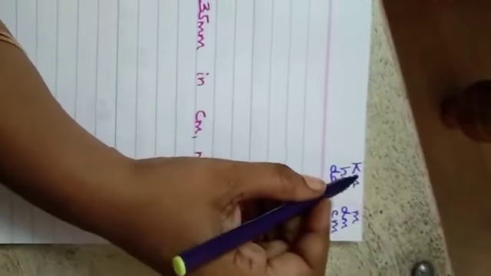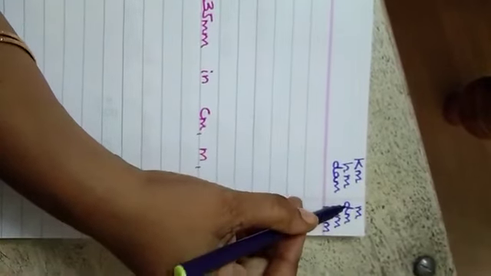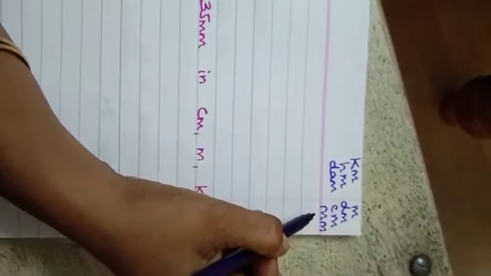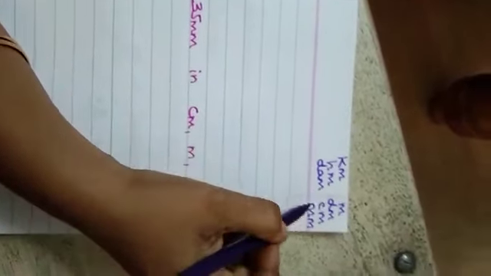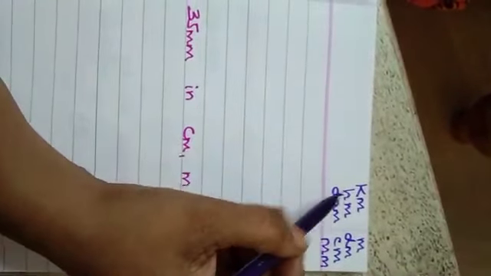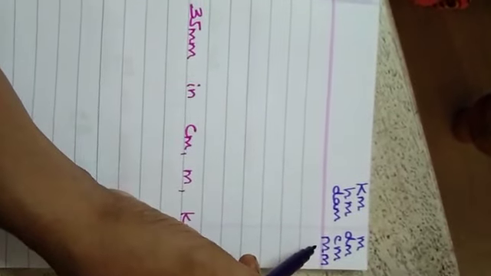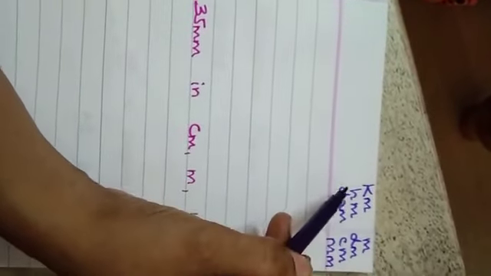You can have the slogan: King Harry died, mother did not cry much. If you remember the slogan, you will be able to remember the first letters of the words, and you can just put L or M depending upon the capacity. Once again I'll repeat, King Harry died, mother did not cry much. Each one has got 10 units in between them.